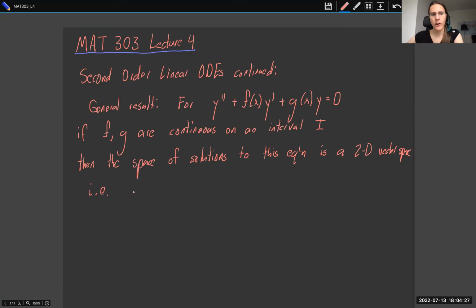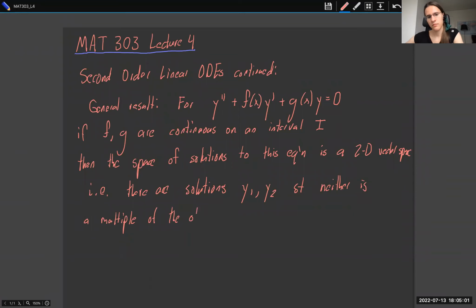That means that there are solutions y1 and y2 such that neither is a multiple of the other, and the general solution is of the form of a linear combination of these two.